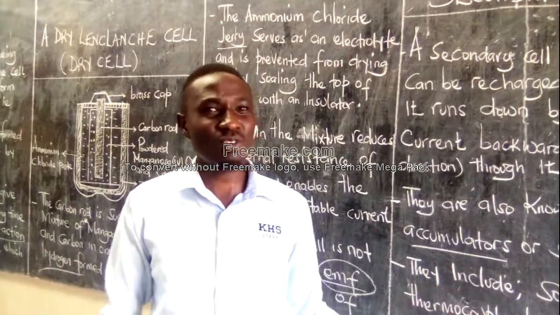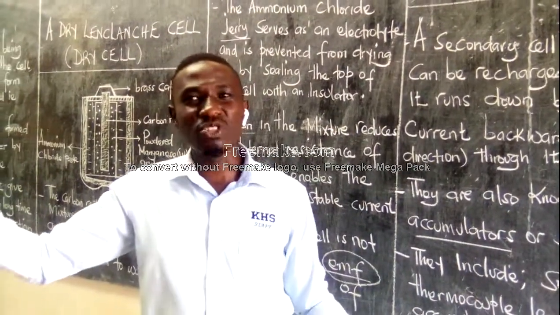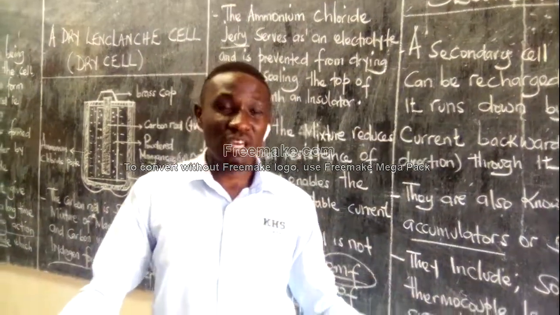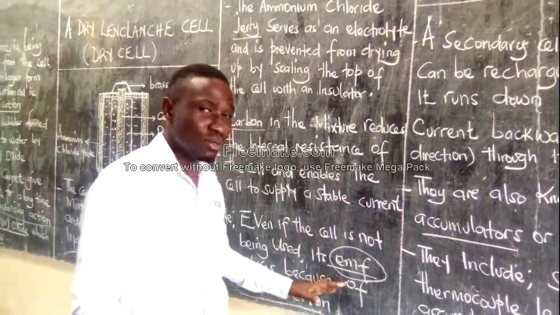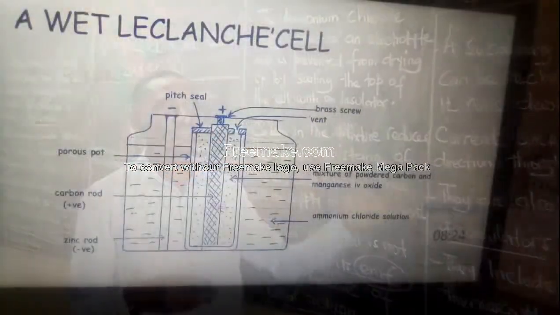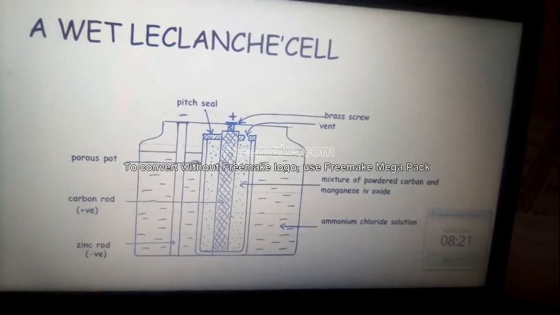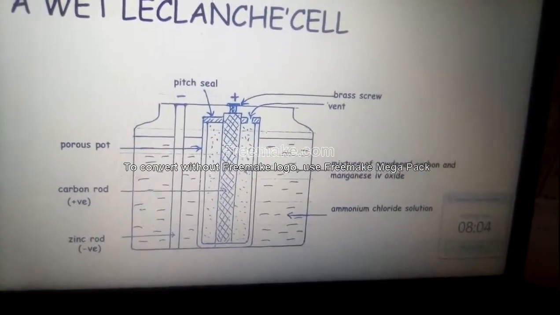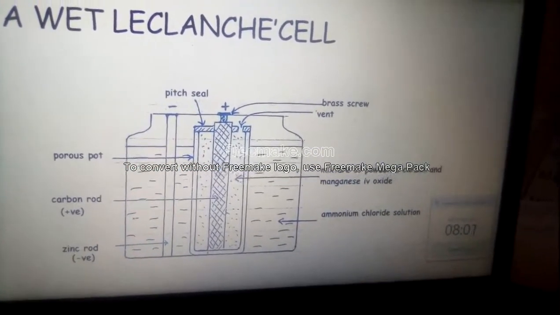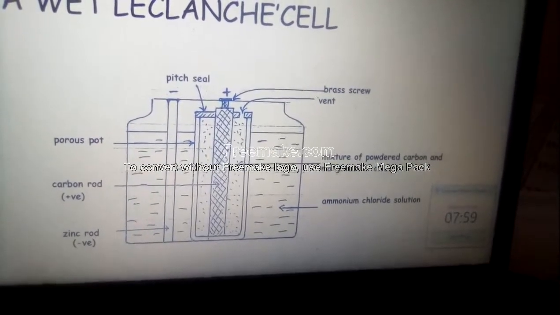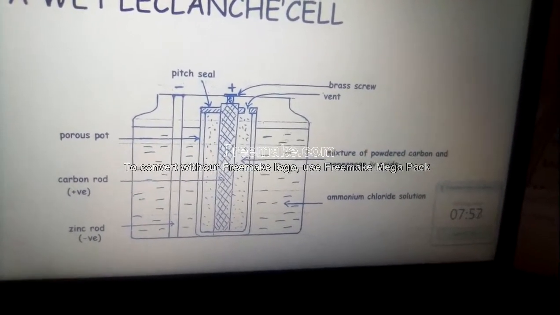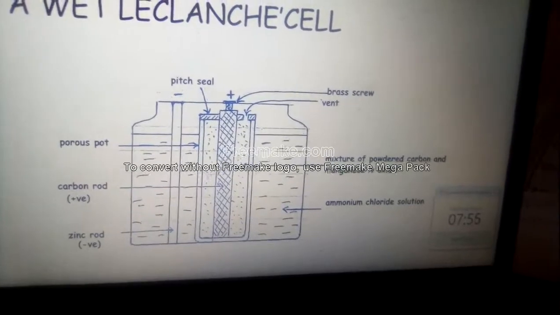You know that immediately it runs down, you will go back, you charge, again you start afresh. But if this dry cell runs down, at times people just a quick reminder, in a wet Lagrange cell, we have ammonium chloride solution, not ammonium chloride jelly.